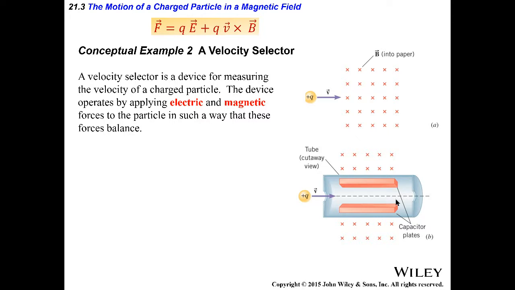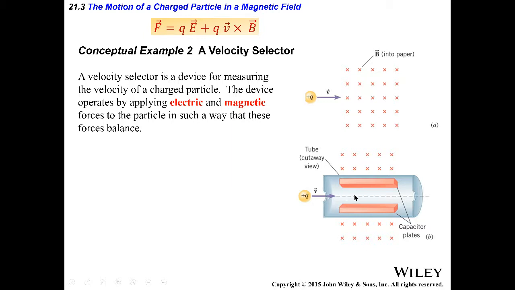They say, can you now put an electric field in here? This was all magnetic field, but can you now put an electric field? And here you ask, what must the electric field be so that my charge goes through undeviated? They call this a velocity selector.